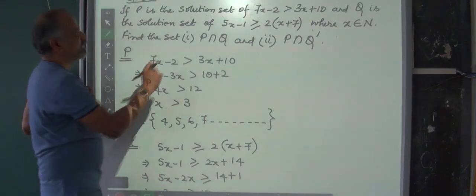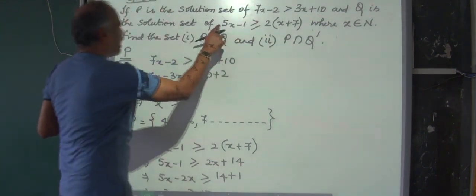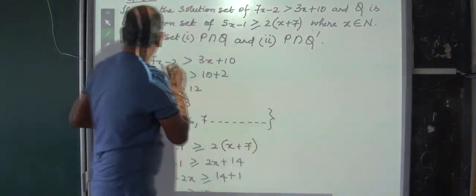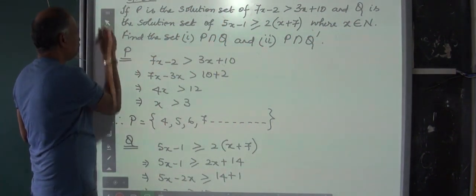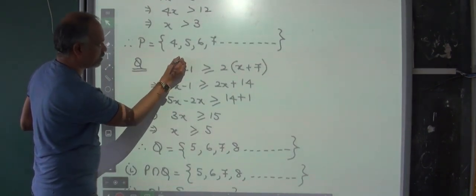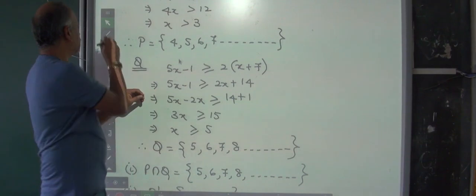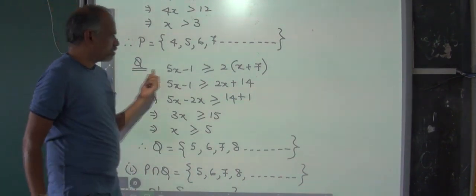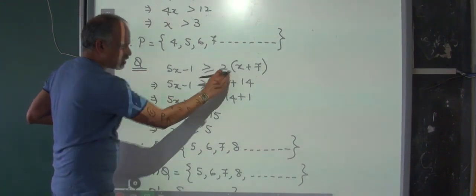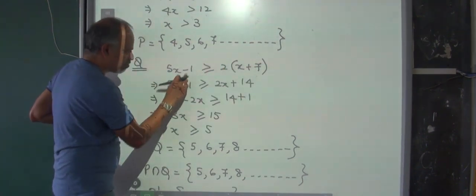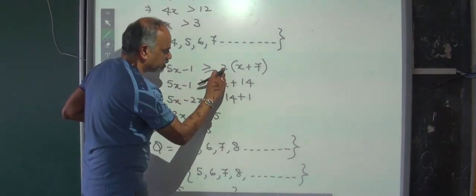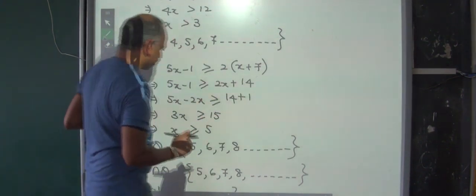Okay. This is the second inequation, and this solution set is represented as Q. Go to that one now. About Q. This was the inequation that was given. Let's simplify this, remove the bracket. 5x minus 1 is greater than or equal to 2 into x is 2x, 2 with 7 is 14.